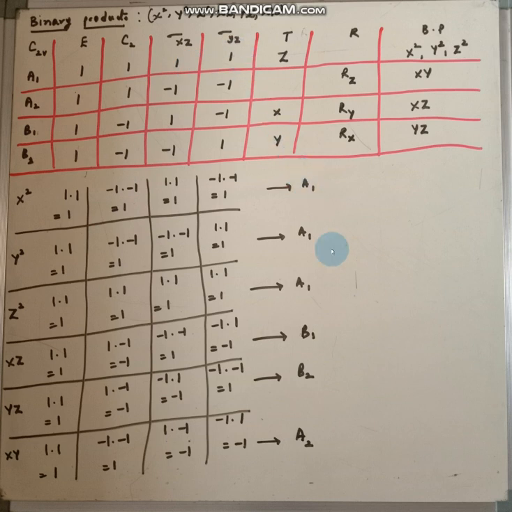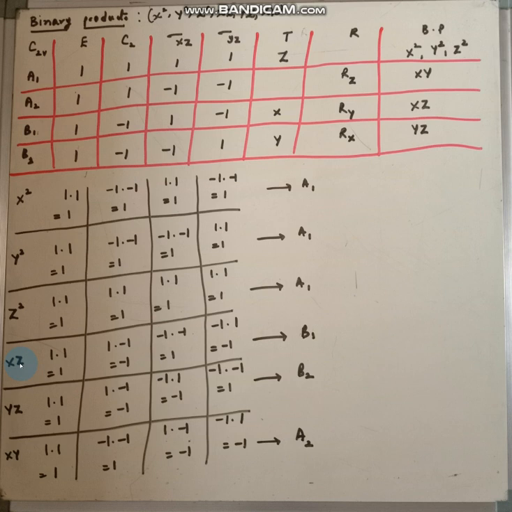That is A1. Similarly, this is also A1. Coming to z square, I should use the translation along the z axis: 1 into 1, 1 into 1, 1 into 1, 1 into 1. That is z square, and it corresponds to A1.